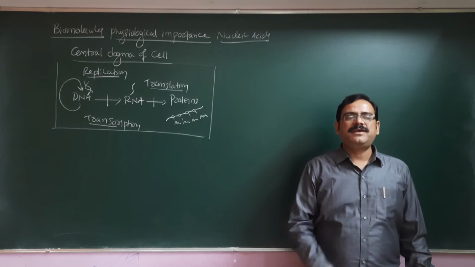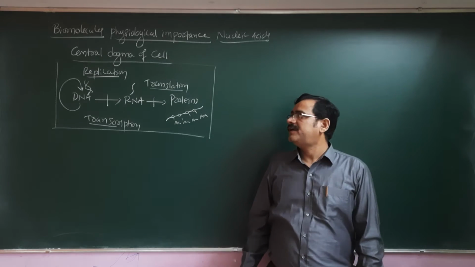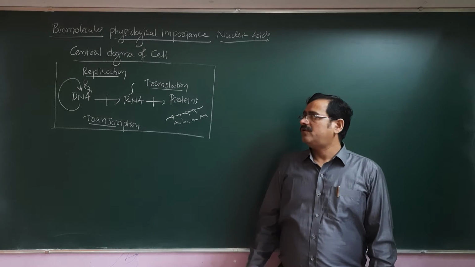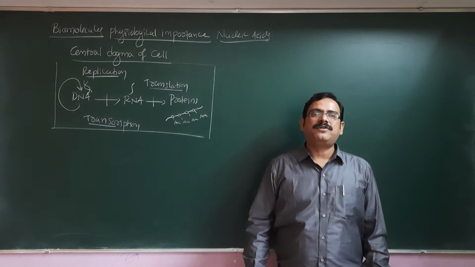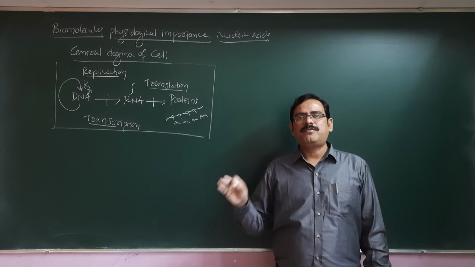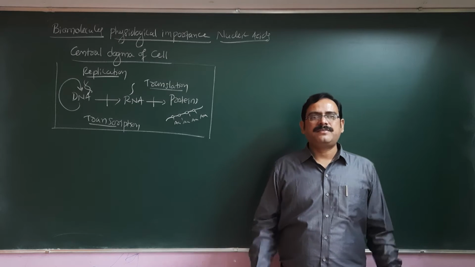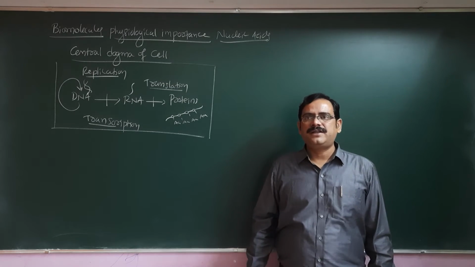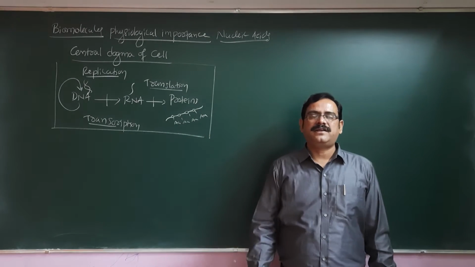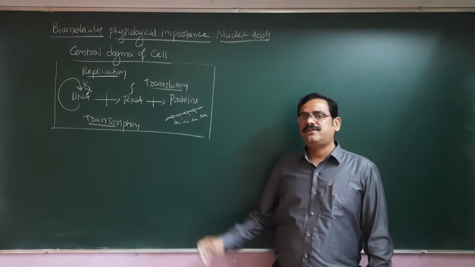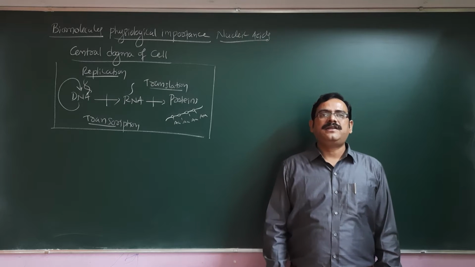DNA makes its own copies, which we call replication. DNA makes RNA, which is called transcription. RNA makes the protein, which is translation. Any protein formation, tissue growth, or character expression all depends on the DNA. We call it the central dogma of the cell. This is the physiological importance of the nucleic acids, DNA and RNA.